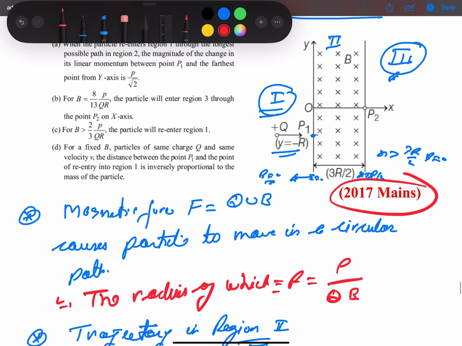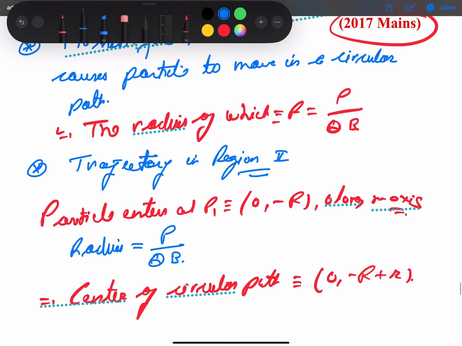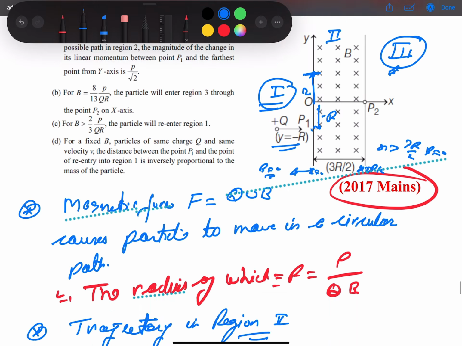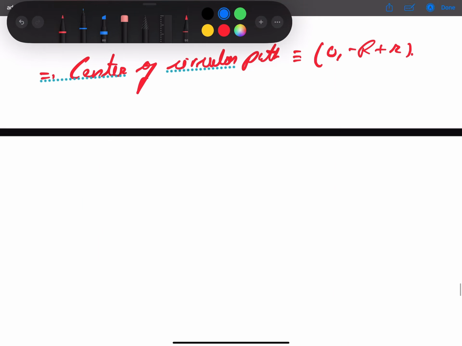So it is going to move something like this, and the center, this will be, suppose, minus r, and this is our r, so the center will be at minus r and plus r. So the center will be somewhere here.